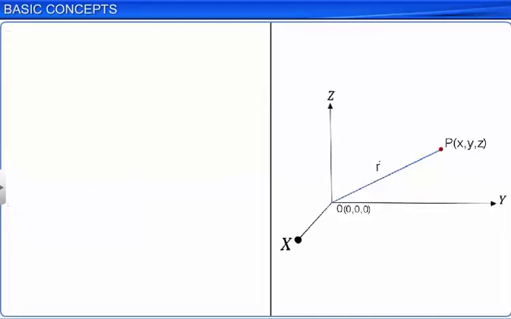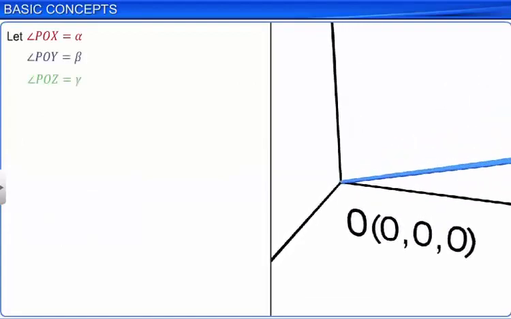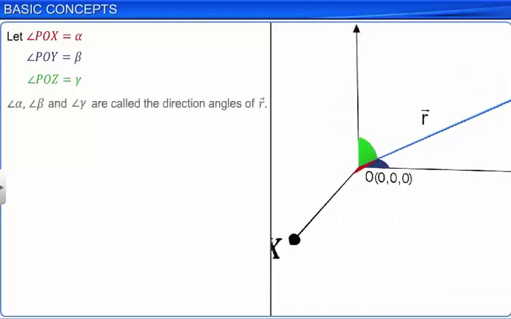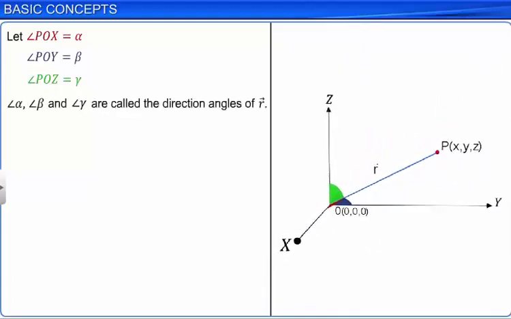Let alpha, beta and gamma be the angles made by vector r with the positive directions of the x, y and z axes respectively. Then the angles alpha, beta and gamma are called the direction angles of vector r. The cosines of the direction angles of a vector are called its direction cosines.